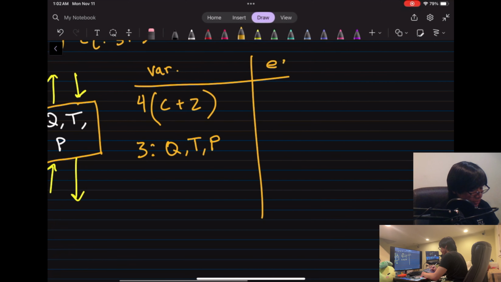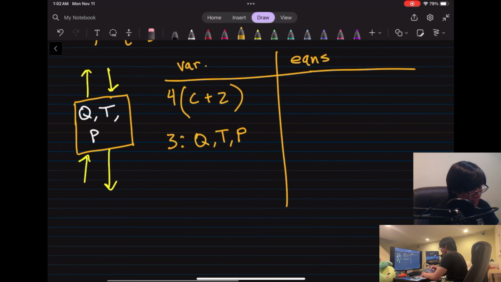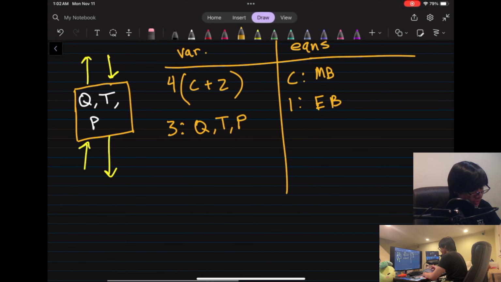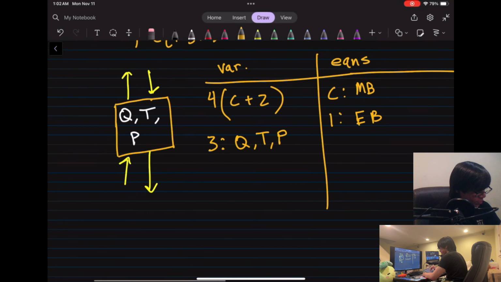Then we have our equations. Now this is where we have that second C I was talking about earlier, but let's go in order here. C for our material balance, again, component mole balance, 1 energy balance as per usual. It's only one system anyway. I guess I should do the temperature and pressure equalities first.